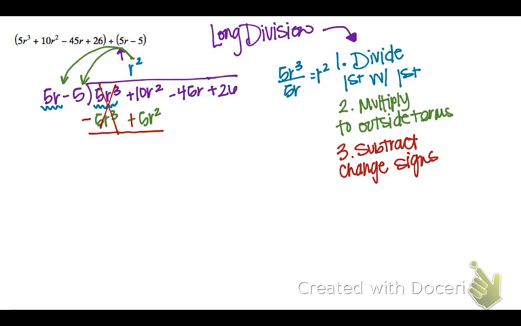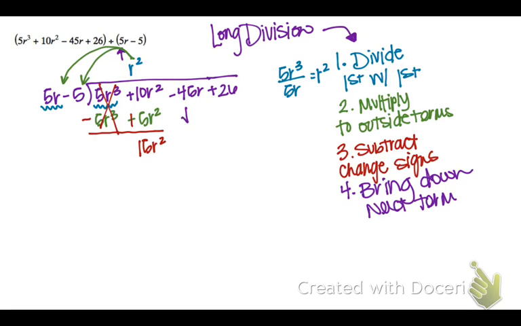And then 10r squared plus 5r squared is 15r squared. Okay. And then you bring down the next term. So we're going to bring this down, and that's going to be minus 45r. And then you start this whole process over again.